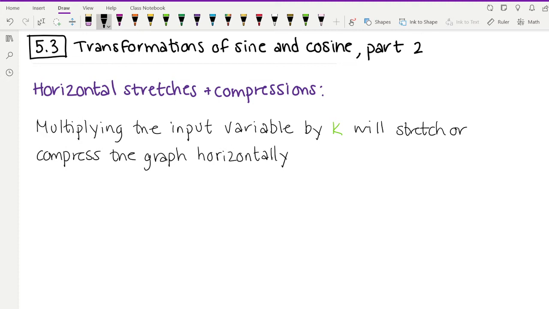So it's actually not by k, it's going to be by 1 over k. So the reciprocal of k. So I'll write that down as well. So this is the reciprocal.